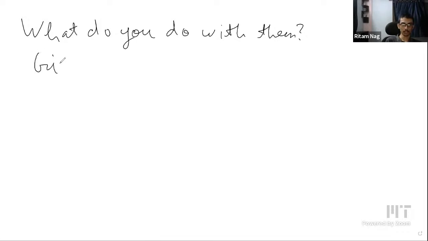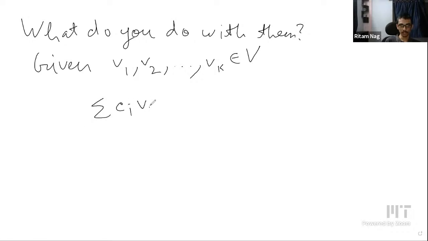Given some vectors V1, V2, ..., Vm in V, a sum of the form c_i v_i is called a linear combination.